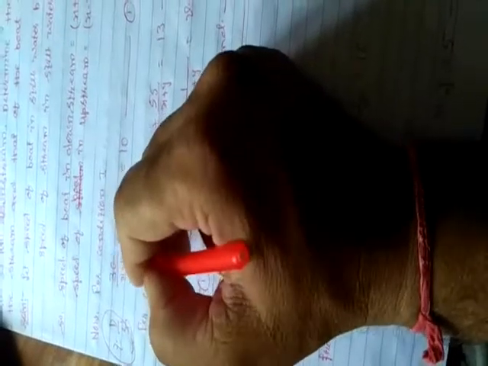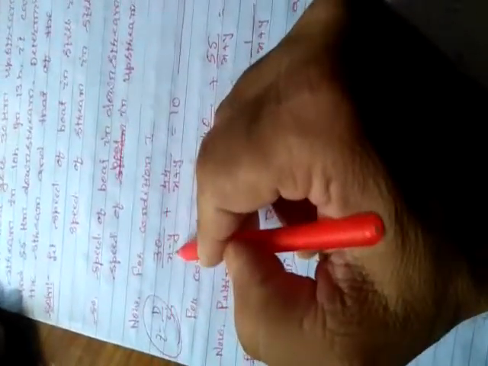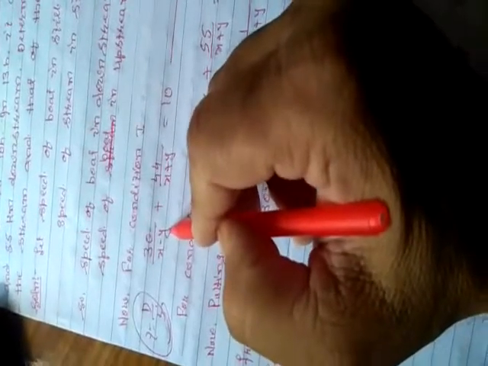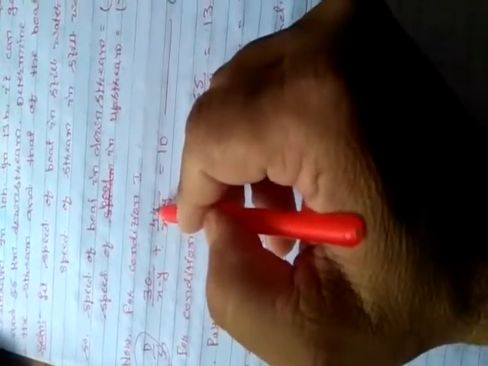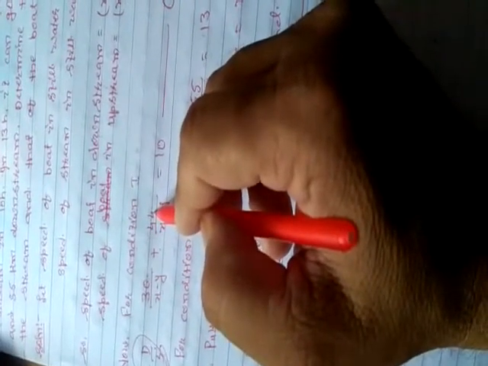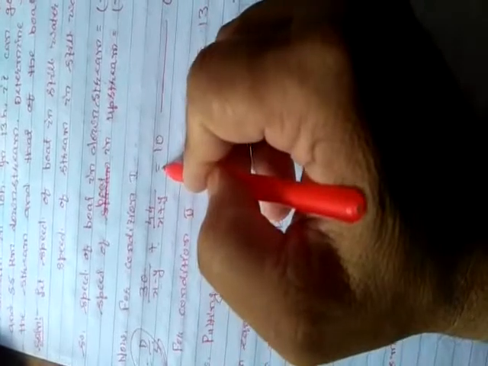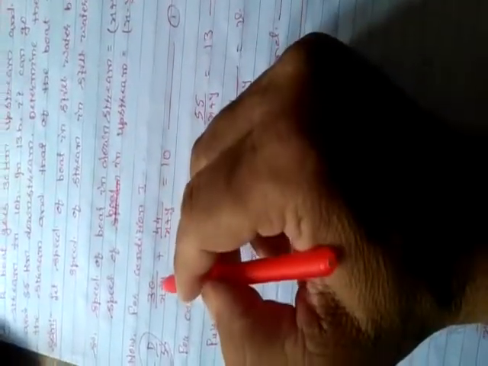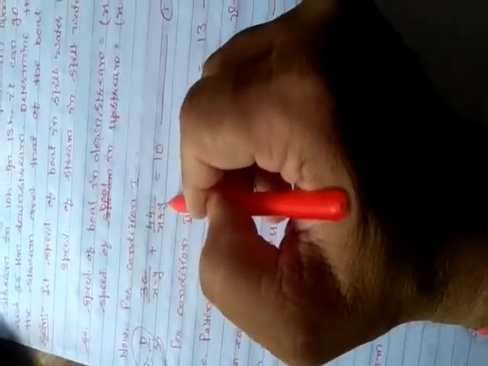Distance was 30 kilometer going upstream, so the time will be 30 by x minus y, plus the boat going 44 kilometer downstream, so 44 by x plus y, equals 10 hours. In total 10 hours the boat goes 30 kilometer upstream and 44 kilometer downstream. So from that condition we have framed this equation.